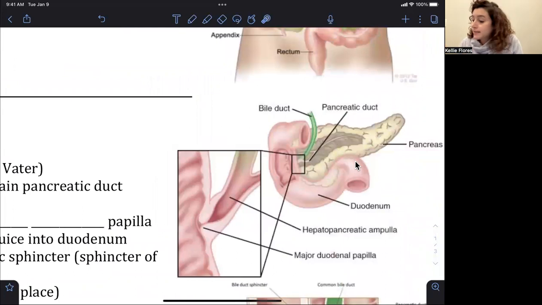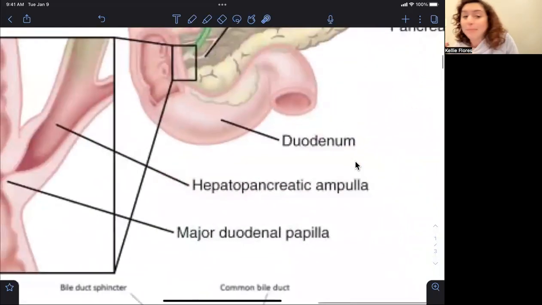This intersect is called the hepatopancreatic ampulla, also known as the ampulla of Vater. It comes from a German name, so that's where that name comes from.